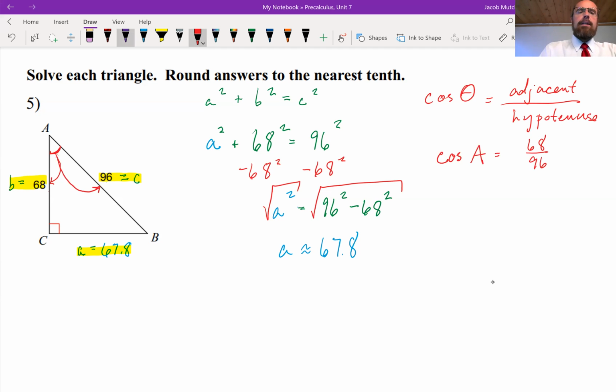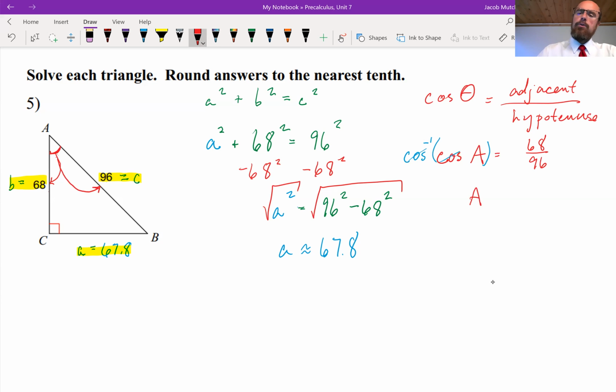So if I'm missing an angle, I'm trying to solve for it, and it's involved in a trig ratio, I want to apply the inverse cosine to this left side. And what that will do is cancel the cosine function and give me A.